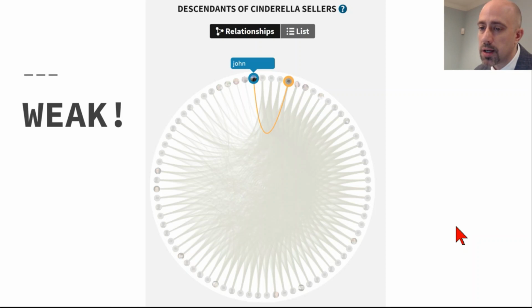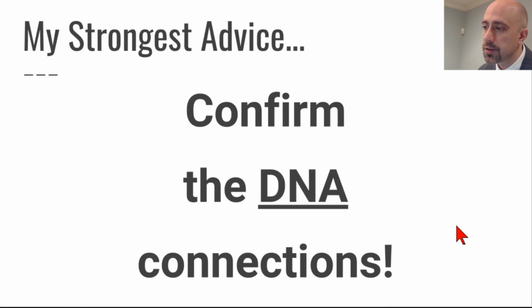In fact, if I were John, I'd be wondering why my connection to the DNA circle is so weak. There might be a problem with his tree, or he might not be genetically related to Cinderella Sellers. So certainly be cautious about drawing conclusions on the basis of the weaker DNA circle connections.